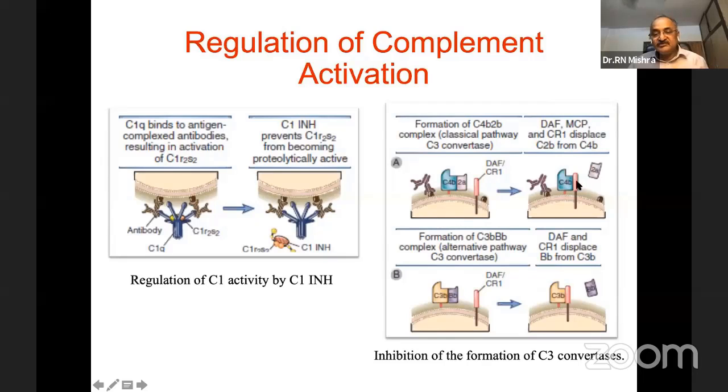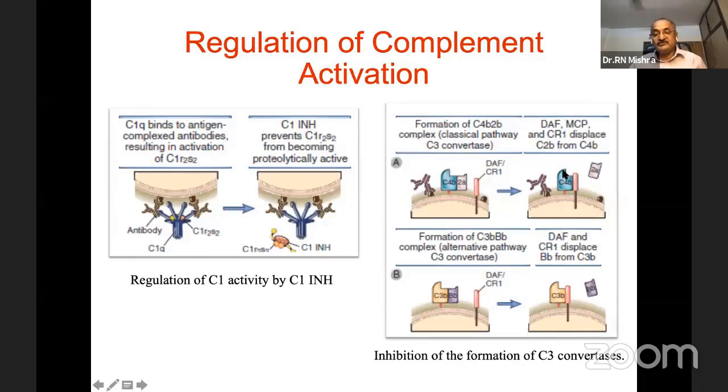So for C4b and C2b, these proteins, DAF (decay accelerating factor), MCP and CR1, dissociate them, so further engagement doesn't occur. But if you have deficiency of these proteins, you can have a problem, like hemolysis.